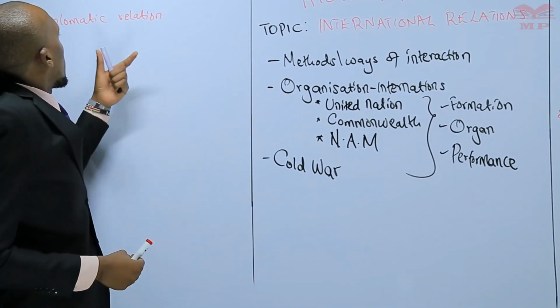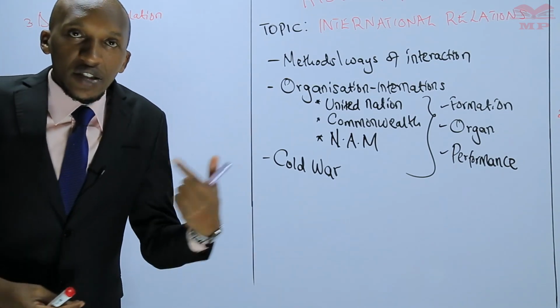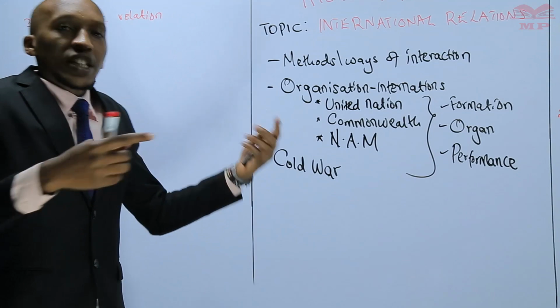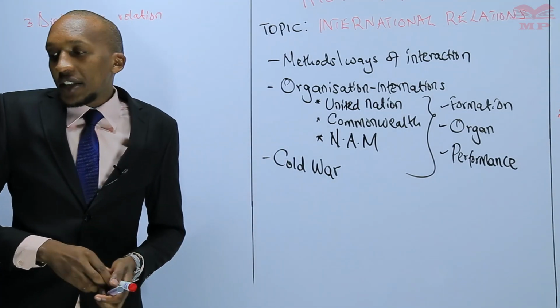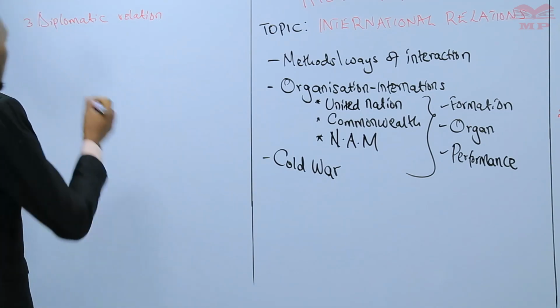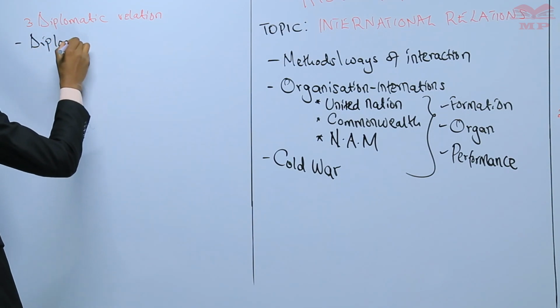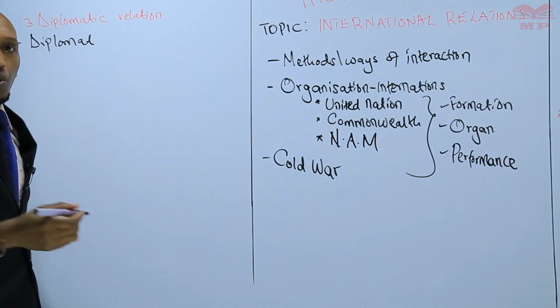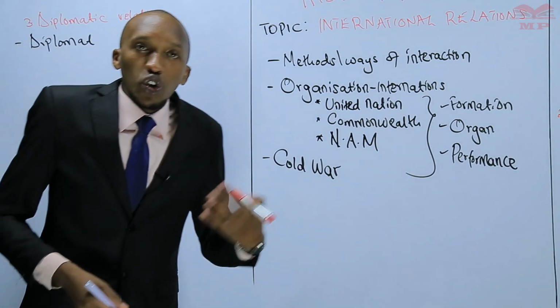So diplomatic relations was another very essential way in which nations in the world now interact. They have diplomats being sent from one nation to the other. These diplomats, you have heard of ambassadors or high commissioners.